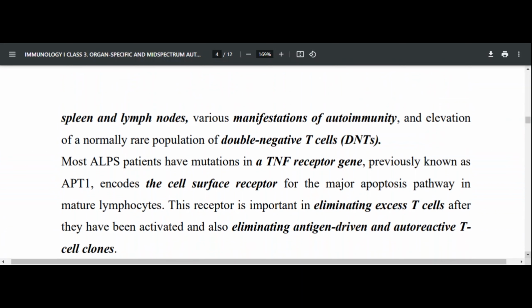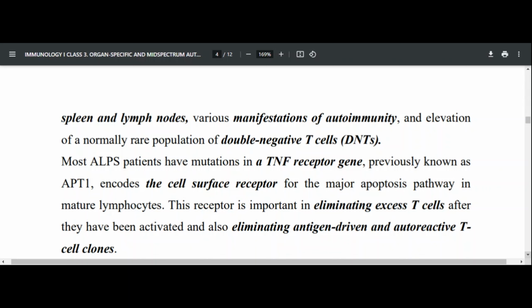Those are cells that possess neither CD4 nor CD8. T lymphocytes must actually be either CD4 positive or CD8 positive. If there is no CD4 or CD8, we call them double negative cells. These cells are also present in this condition.